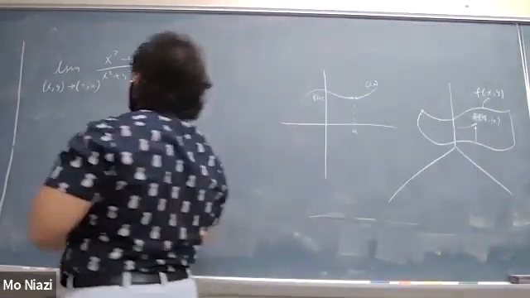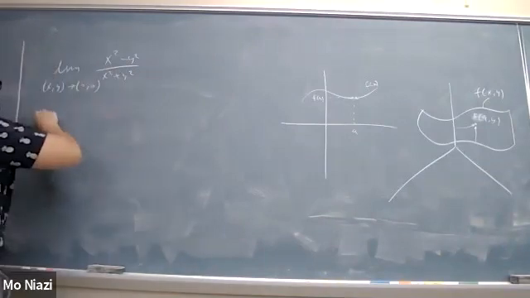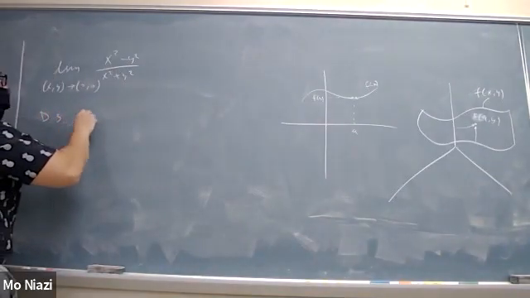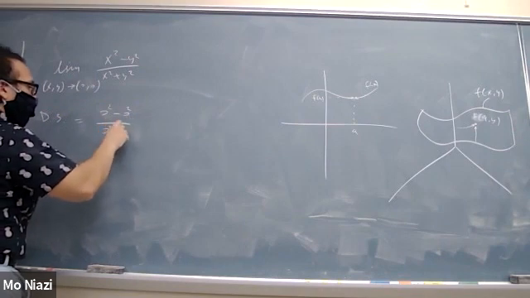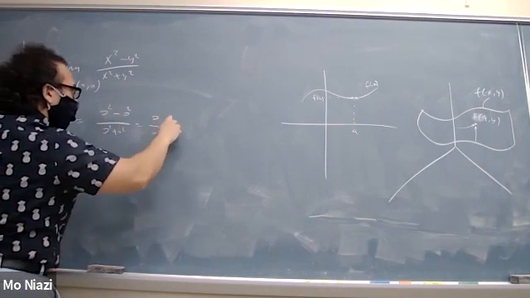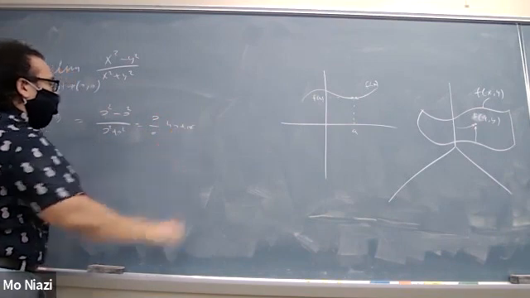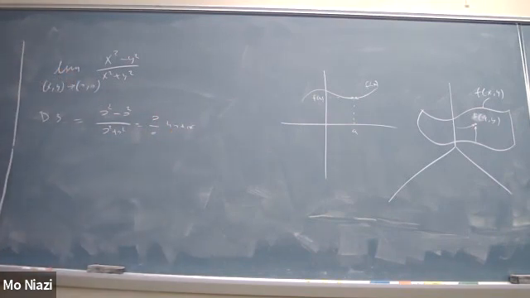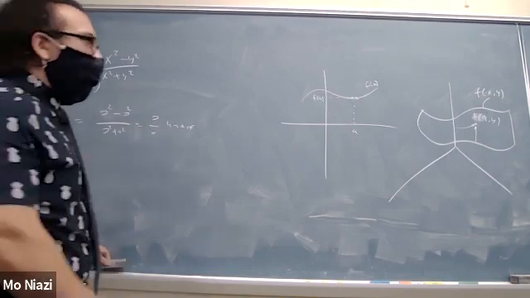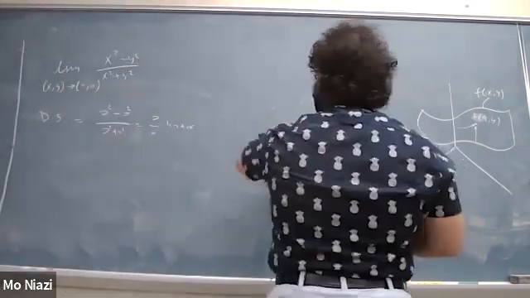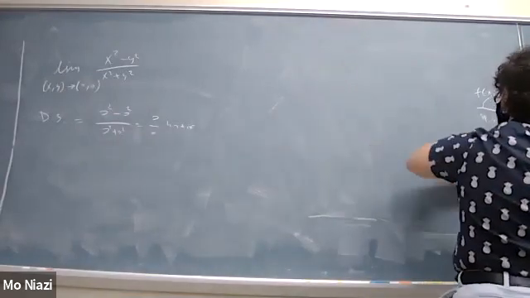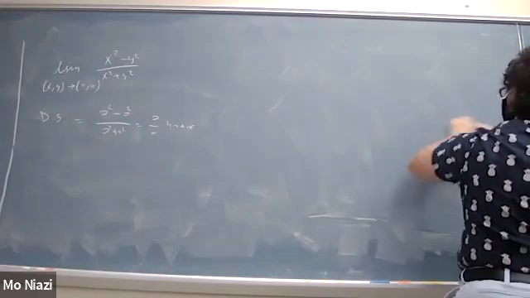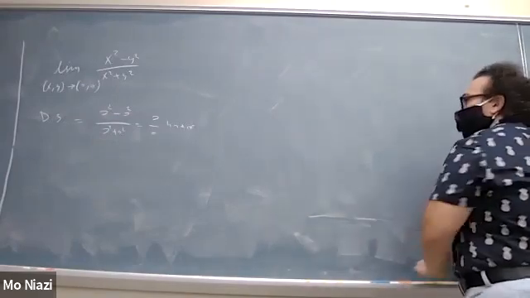Direct substitution only gives me 0 minus 0 squared over 0 squared plus 0 squared, which is 0 over 0, undefined. Don't even think about using L'Hopital's rule yet, because it's a function of 2 variables, right? You'd have to go to implicit differentiation, and let's not go there, because you won't get what you want even if you try.